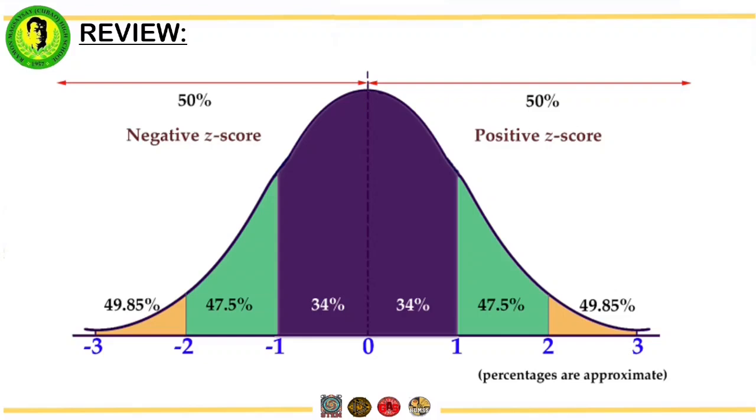Variance can be used to determine how much variability or dispersion there is in a data set. A small variance indicates that the data points are clustered closely around the mean, while a large variance indicates that the data points are spread out over a wider range of values.